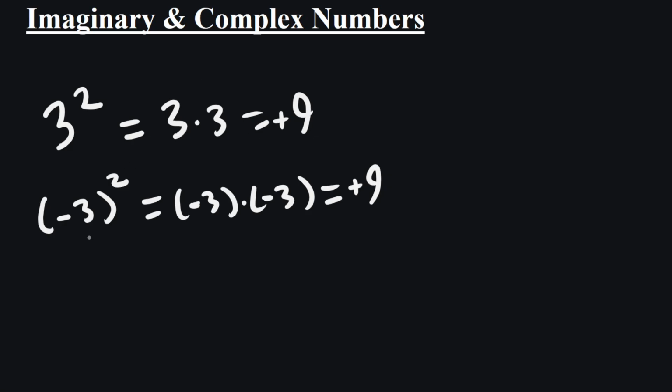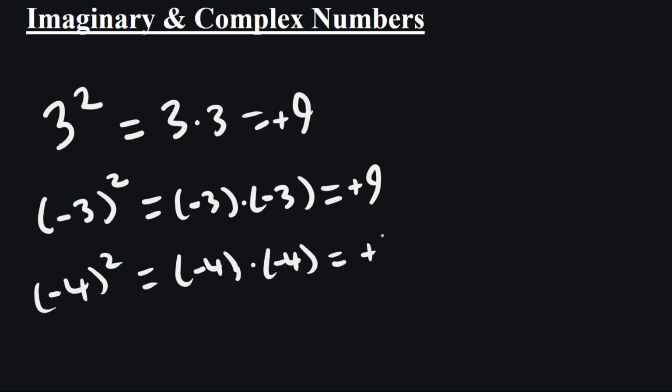So any number squared will give us a positive number. Another example, negative 4 squared, is negative 4 times negative 4, which is positive 16.